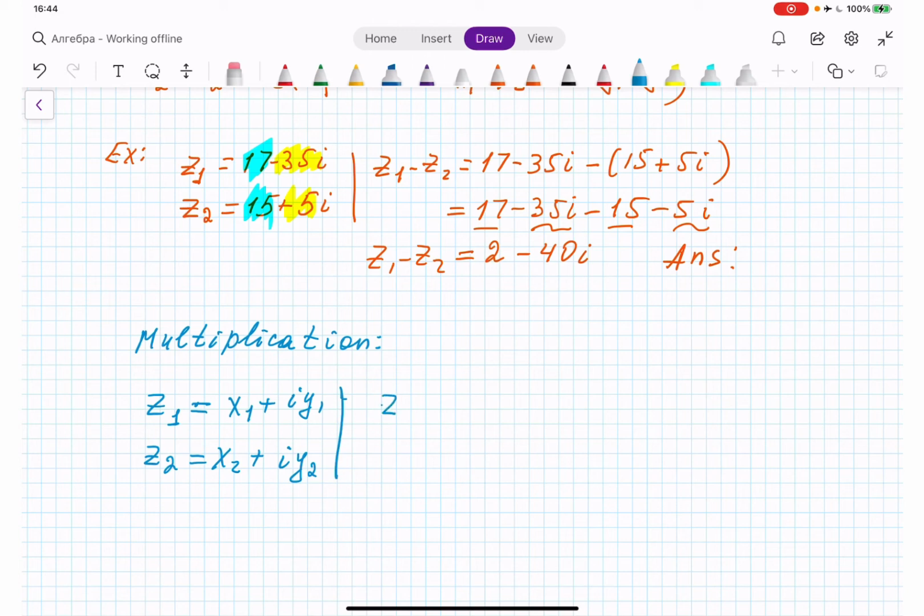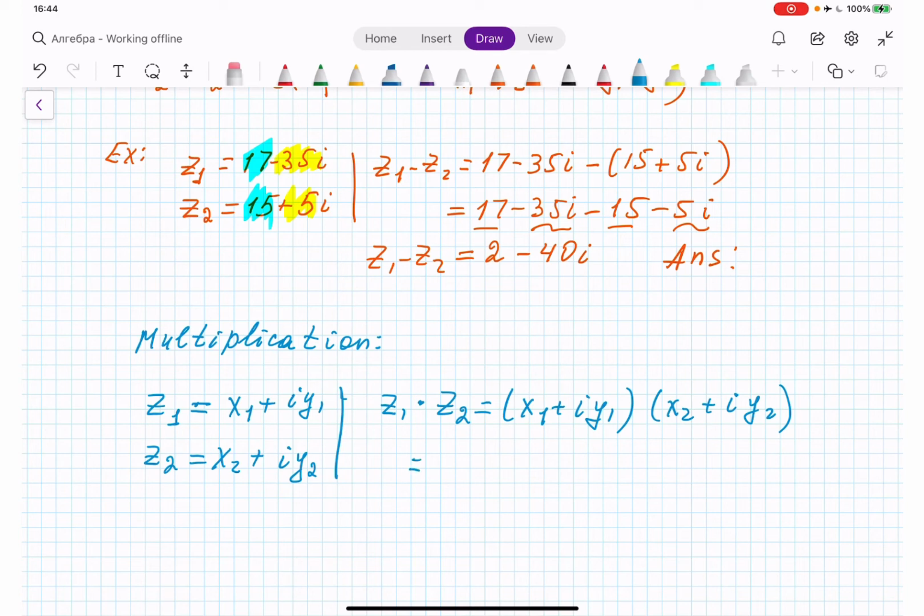If we multiply z1 times z2, it's going to be equal to (x1 plus i y1) times (x2 plus i y2). So let's start distributing.